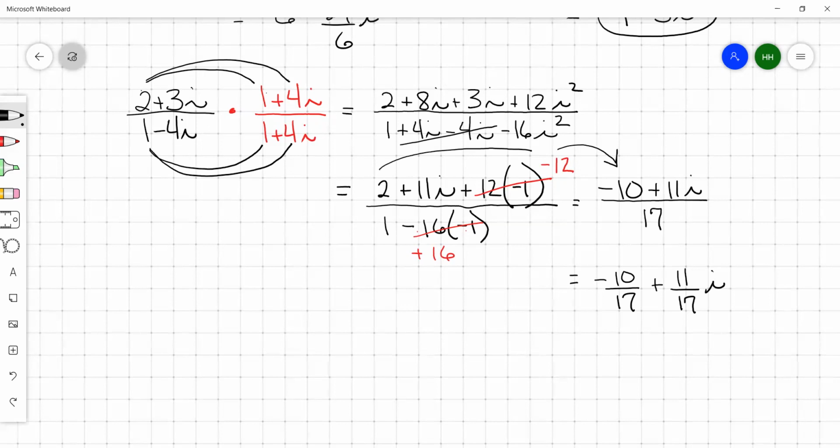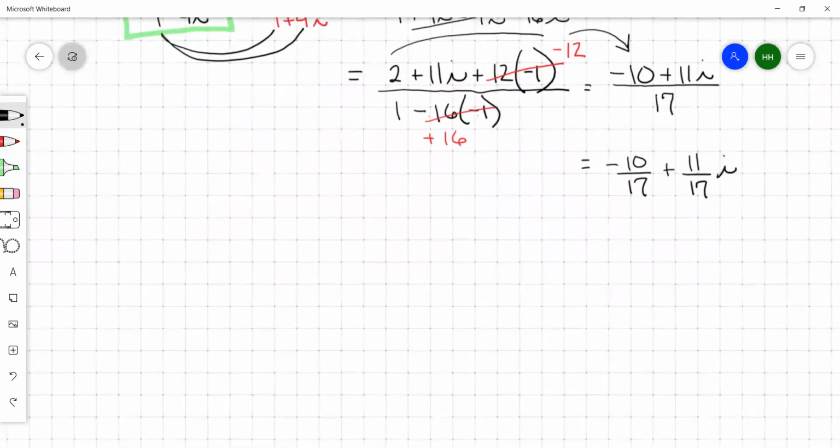Okay? Now, other thing you need to understand is, look, this was what we started with right here. So we multiplied the top and the bottom by 1 plus 4i. If you start with this, let me get where you can all see it.